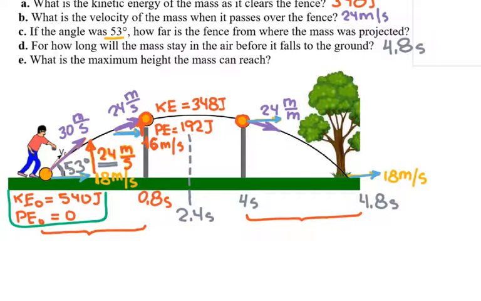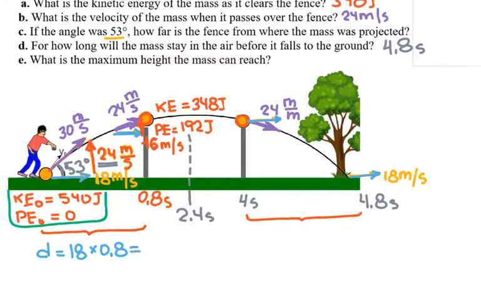So if I'm looking for the distance to the mass, this distance is equal to the horizontal velocity, which is 18 meters per second, Vx, times the time, and the time is 0.8 seconds.